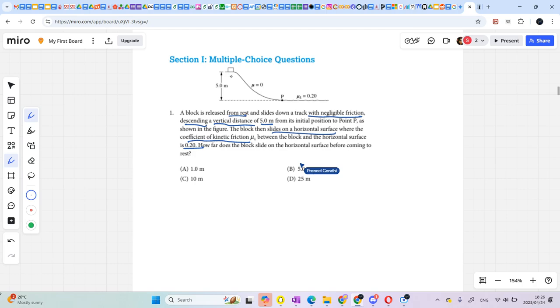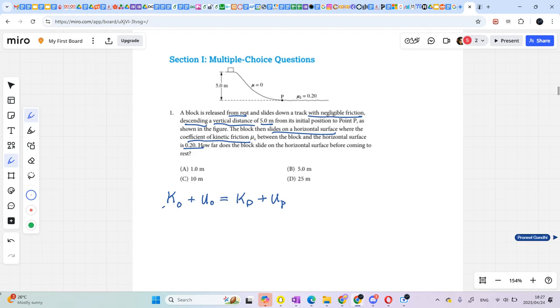We're gonna start by calculating the kinetic energy that the block gains as it slides down. So we're gonna start with conservation of mechanical energy. So K naught plus U naught is equal to Kp, which is the kinetic energy at point P, plus the potential energy at point P. So we're starting from rest.